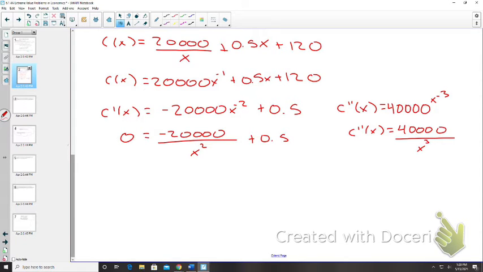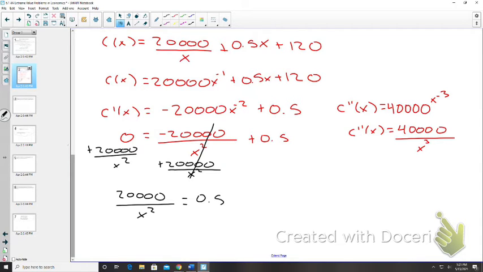So we'll solve for x. We will add 20,000 over x squared to both sides. These will cancel, and we're left with 20,000 over x squared is equal to 0.5. We will multiply both sides by x squared. Those will cancel.